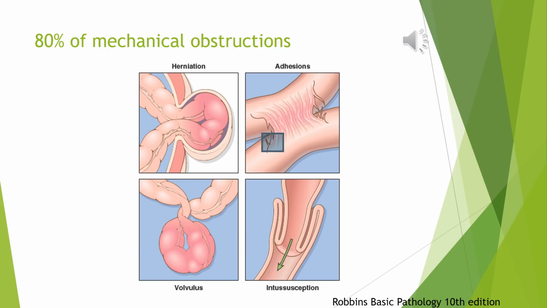So here in this picture, you can see the most common causes of mechanical obstruction that are seen in 80% of the cases, which are the intussusception, the herniation, adhesions, and volvulus. Intussusception will be covered in details in the next slides. And it is usually seen in kids or in children.